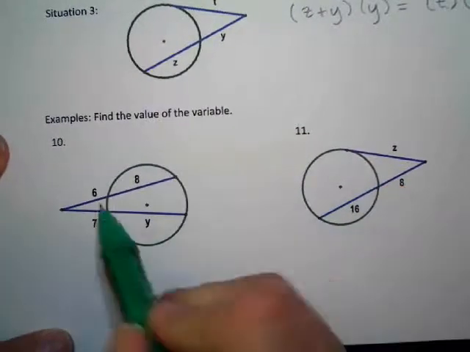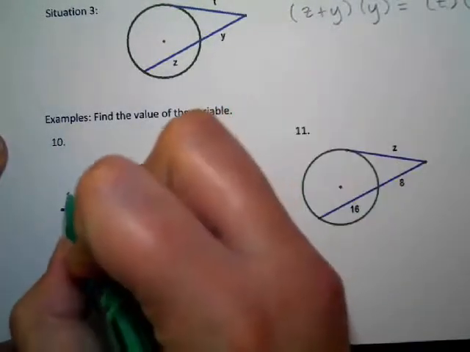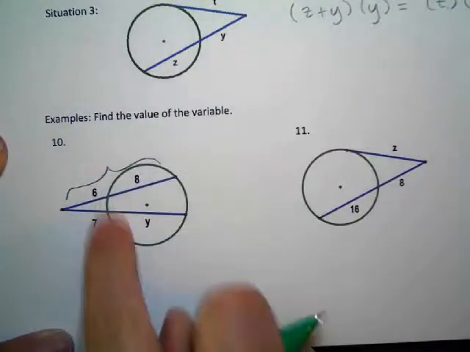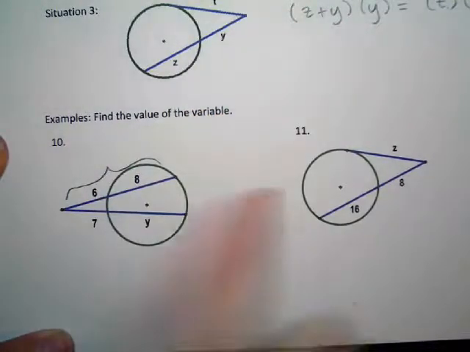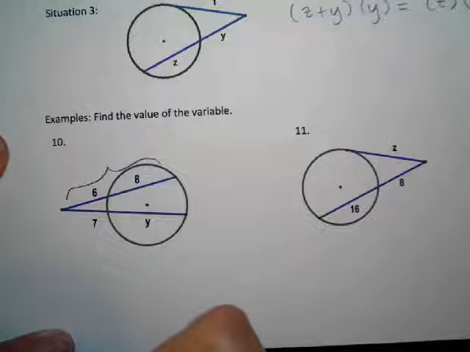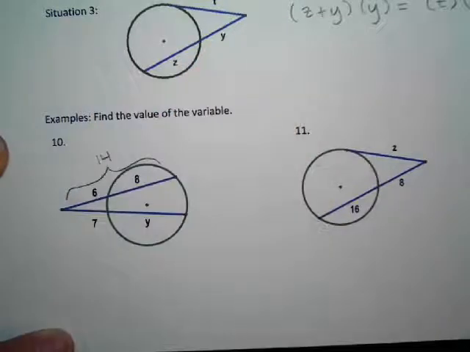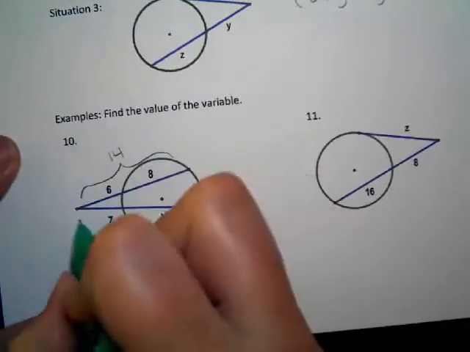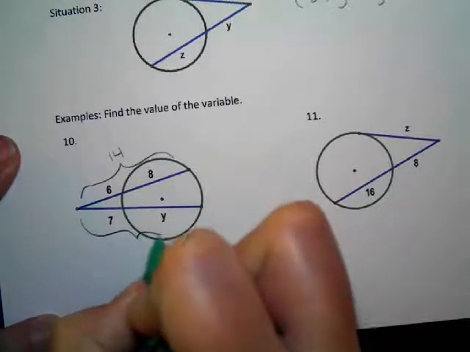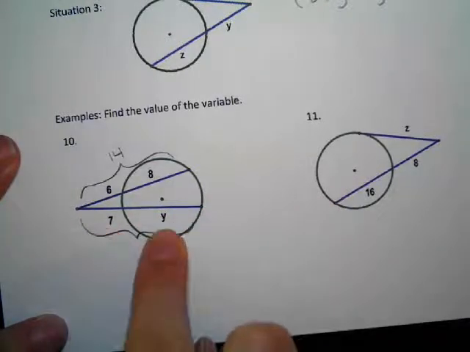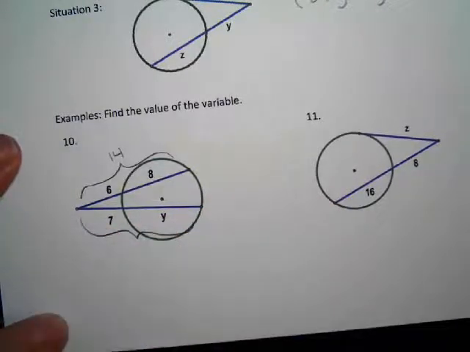So we've got a 6 and an 8, so let's figure out what the entire length is. What's the entire length if you have a 6 and an 8? 14. Okay, that was a long pause, but we warmed up our brains and we got it figured out. And then this one we have to work a little bit harder. If we have a 7 and a y, the entire length is not 7y because that's multiplication, and we are adding them together. 7 plus y.